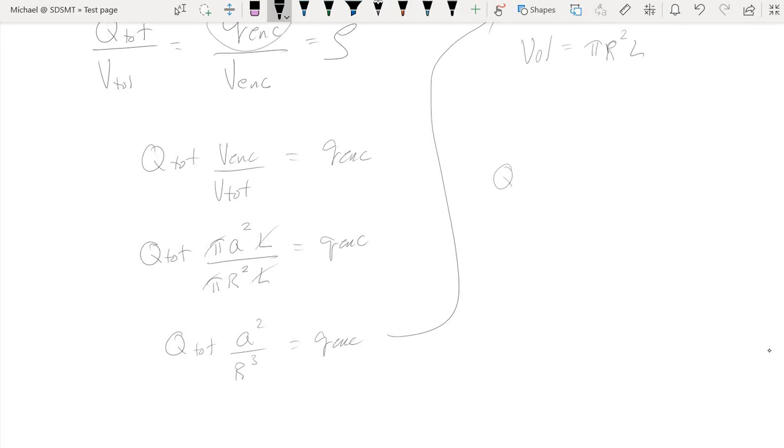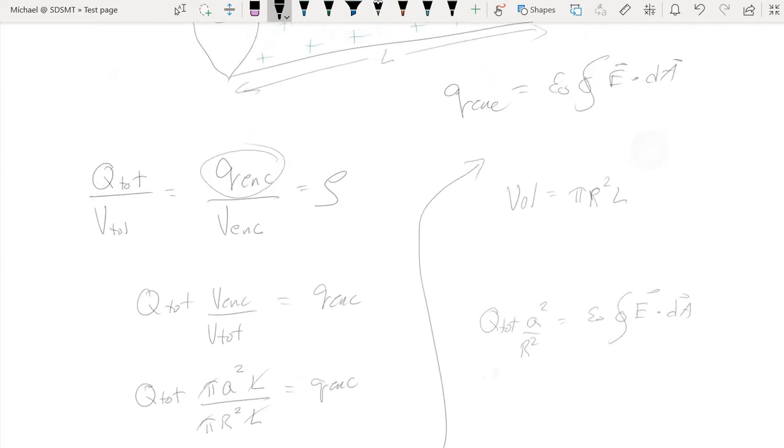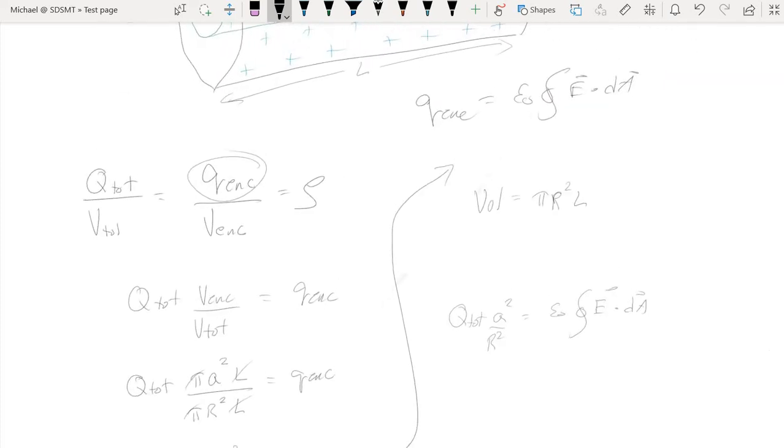We have an enclosed charge of Q total. Whoops, sorry, that should not be a cube, that's a square. Square equals epsilon E dA. Alright, here's where our job gets easier.